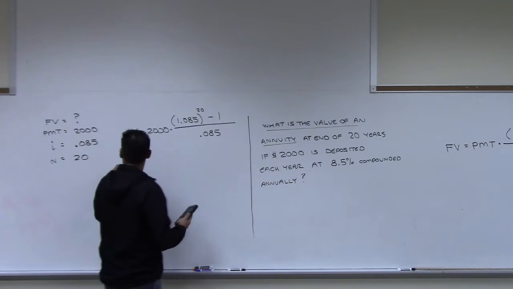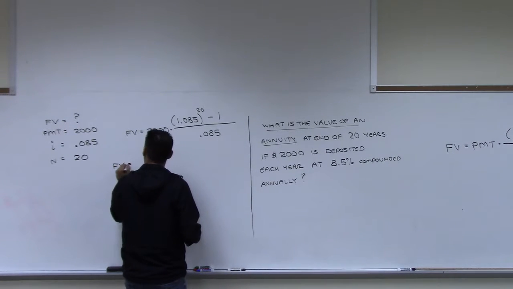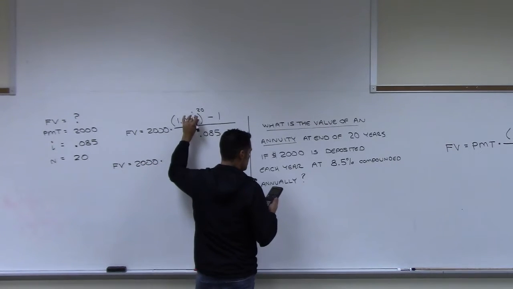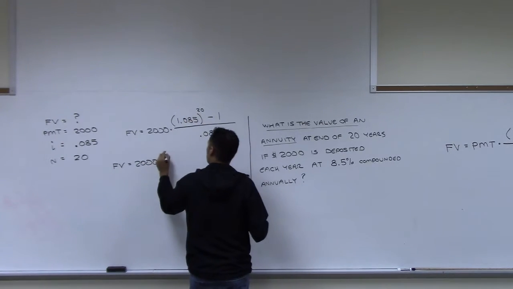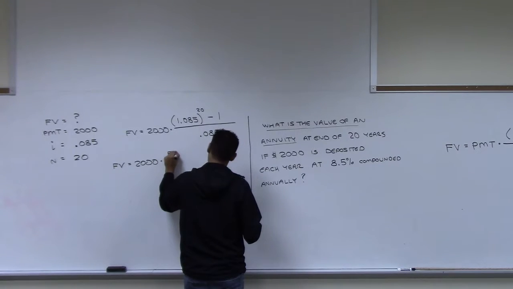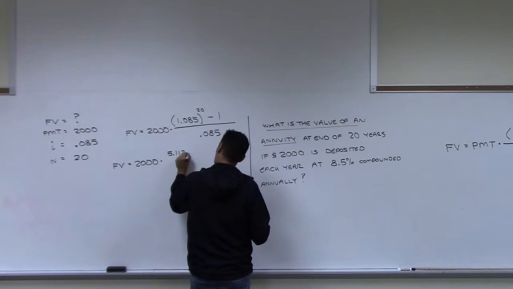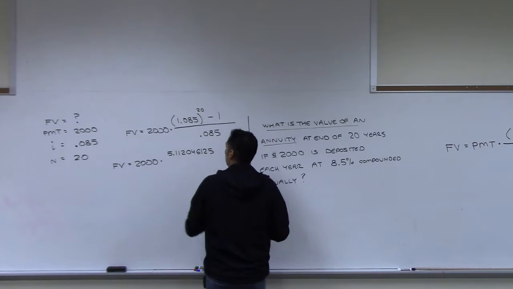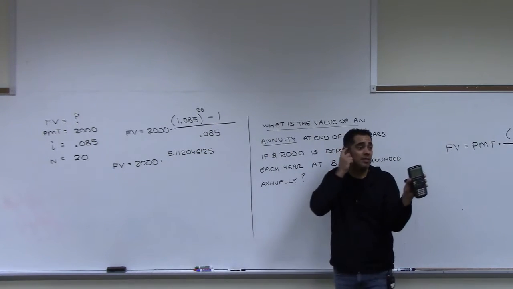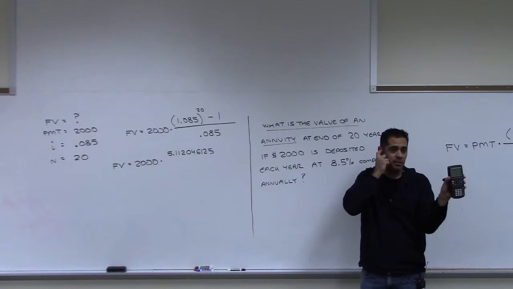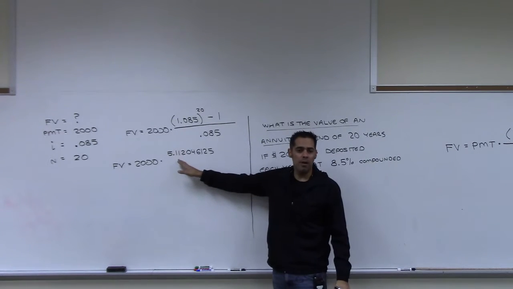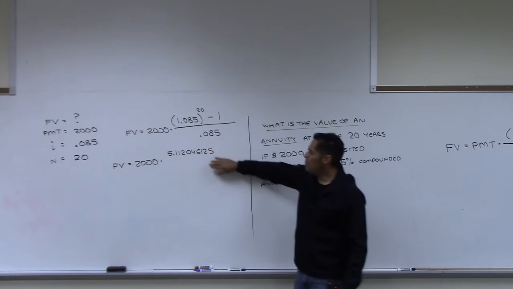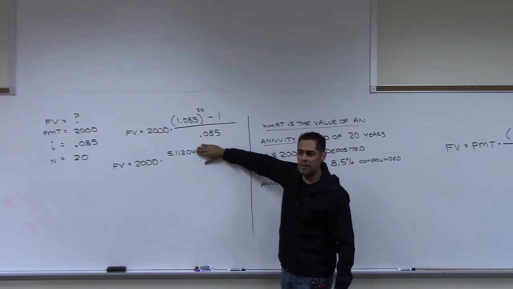And I'm going to write this down in detail so that way you can make sure that you're getting each of these little things on your calculator. 1.085 raised to the 20th is 5.112046125. Now, I went ahead and just used every single digit that my calculator gave me. I would not round this to 5.1, or else it's going to be off by a little bit too much. I would say minimum 4 to 5 decimal places.